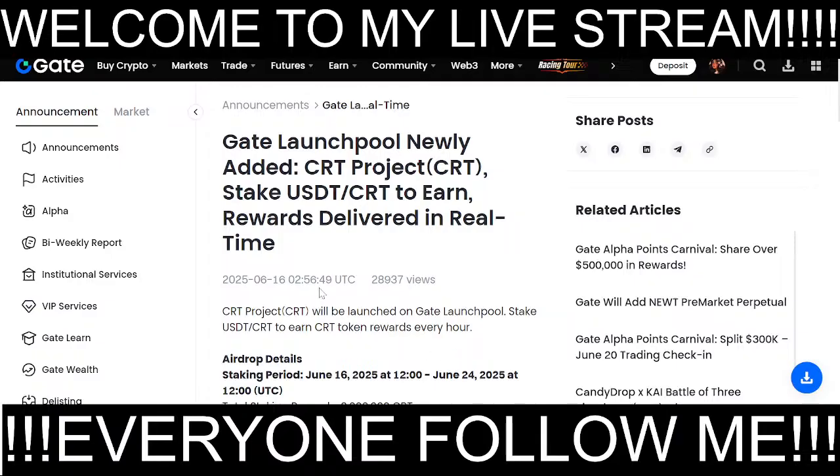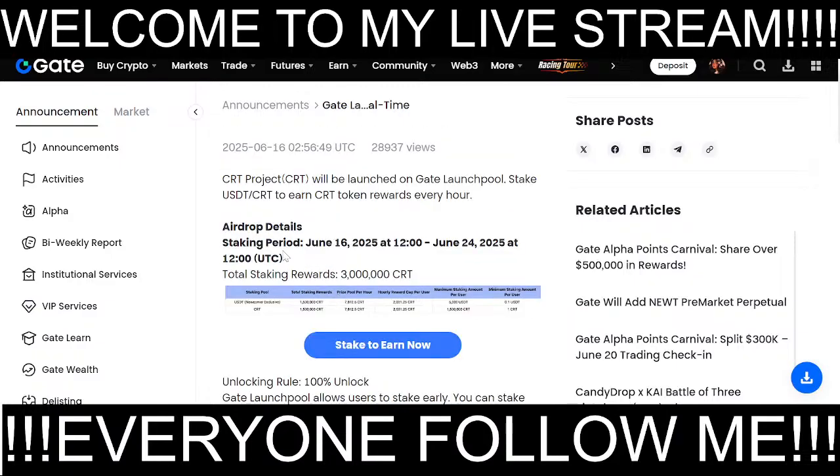CRT: stake USDT or CRT to earn rewards delivered in real time. Okay, and the CRT project will be launched on Gate Launch Pool. Stake USDT or CRT to earn CRT token rewards every hour.